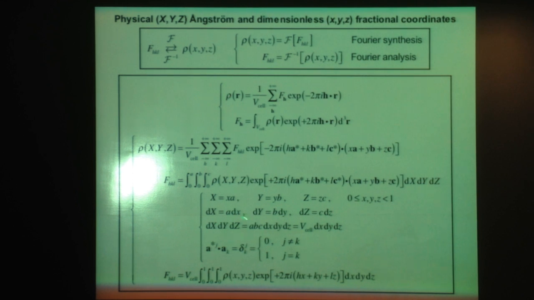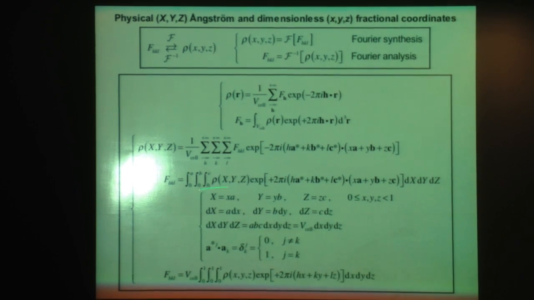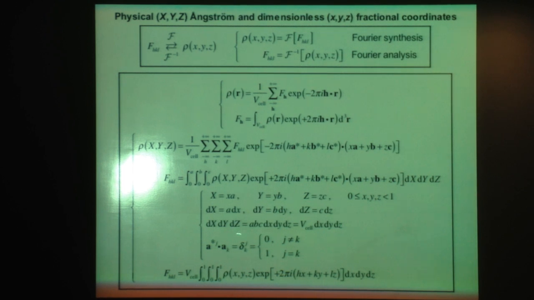So the product of these three differentials for the integration is going to come down to abc times dx, dy, dz, and you know the little x, y, z, the lowercase ones, have values from 0 to 1. The big ones, the uppercase ones, have values from 0 to A, 0 to B, and so on.